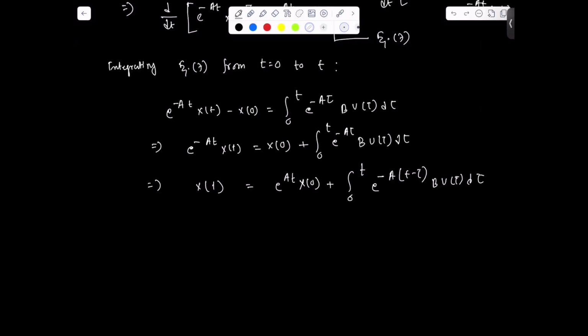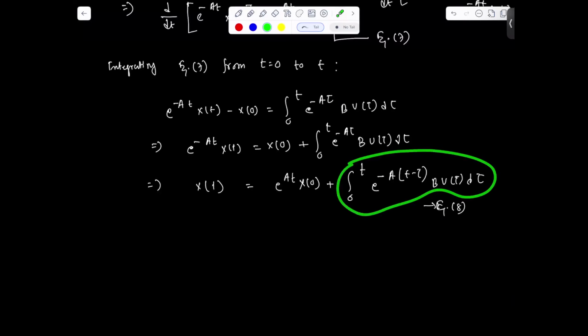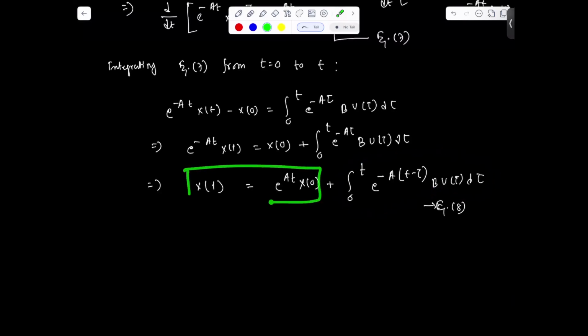Okay. So if you notice from this solution of the differential equation, which is the state of the system x of t, you can see that this is very, very important. In the absence of control input, we already have this system.